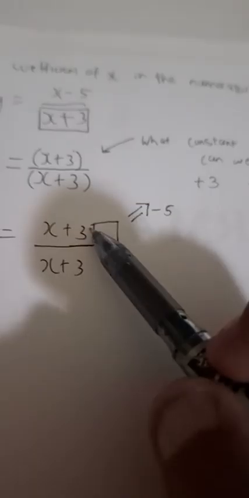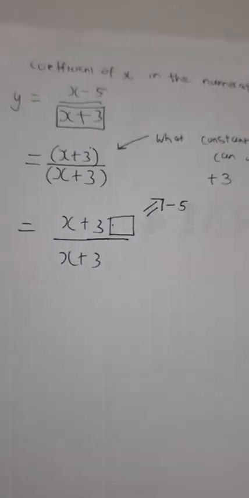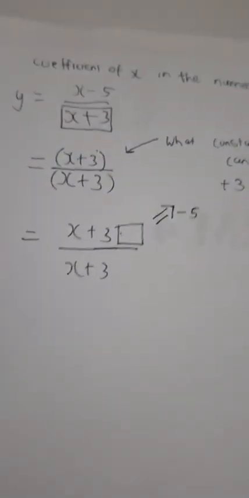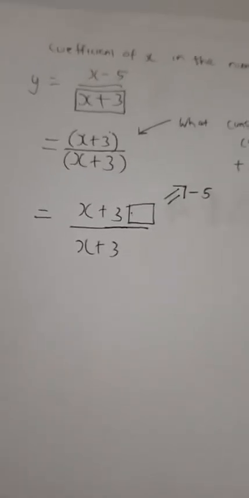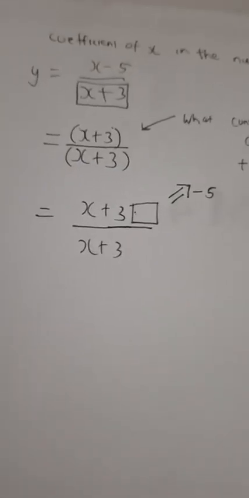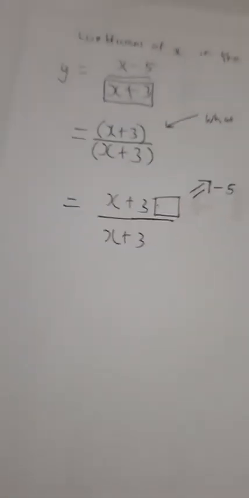So I need someone in the comment section very quickly to tell me 3 plus what or 3 minus what gives me negative 5, because I'm going to write that number here in that box.